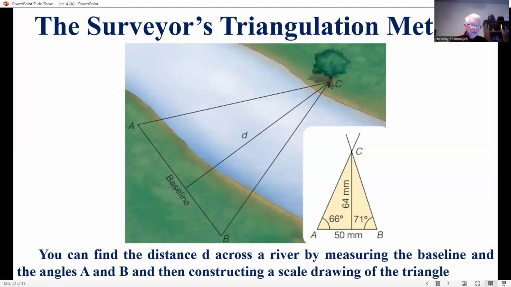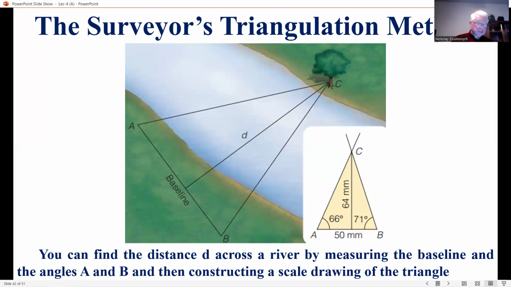For example, if the baseline is 50 meters and the angles are 66 and 71 degrees, you can draw a line 50 millimeters long to represent the baseline. Okay? Each millimeter on your drawing is worth 1 meter.